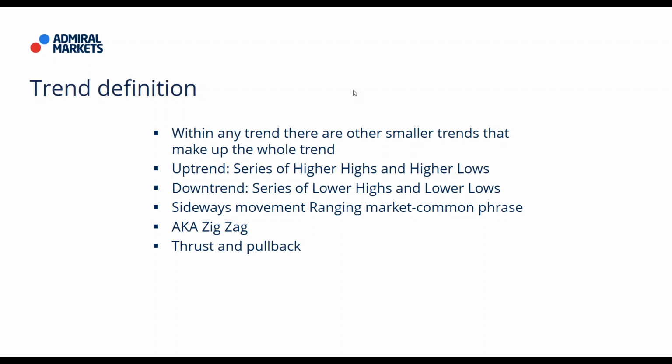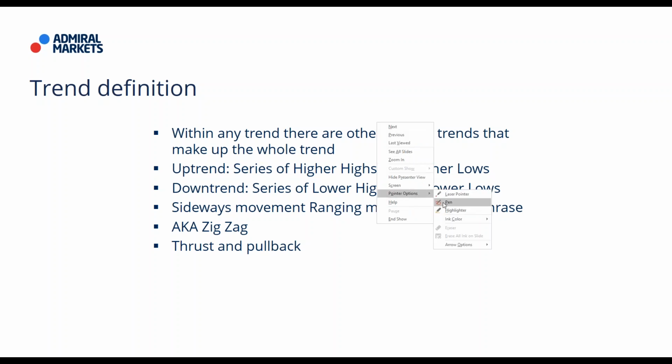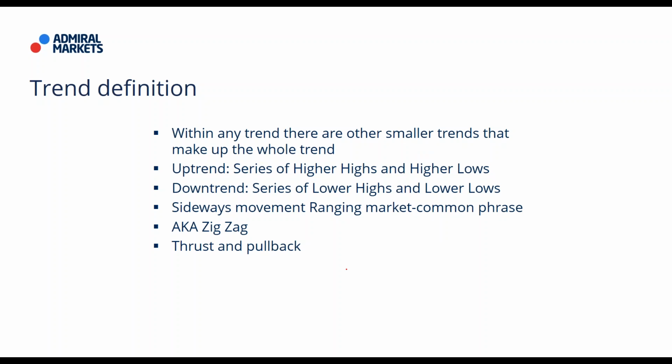So when you see a trend, you need to see price action that is actually representing that trend. So in an uptrend, you have a series of higher highs and higher lows, while in a downtrend, you have a series of lower highs and lower lows. Okay, so this is basically thrust and pullback movement.